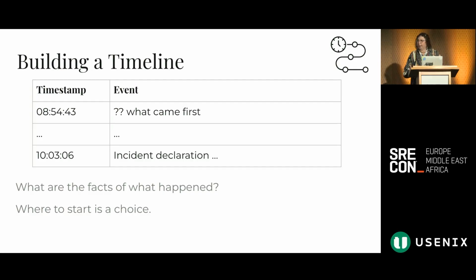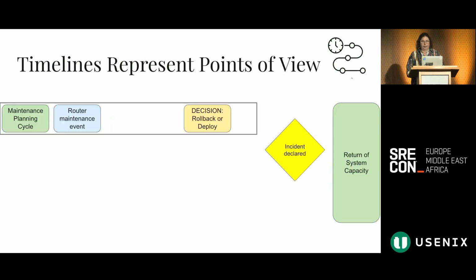The direct impact of the scope of the timeline is where are you going to start talking about the incident. In the case of the incident that I'm talking about, I'm not going to start with the incident declaration. Obviously, that's after the important stuff. I'm not going to start with the maintenance event itself and the router config changes.